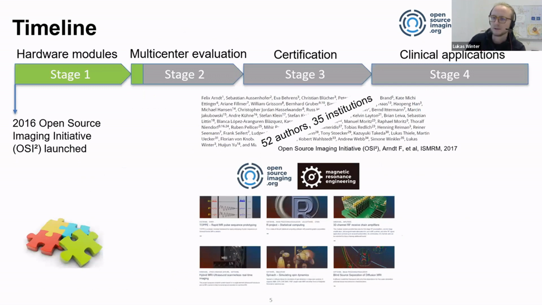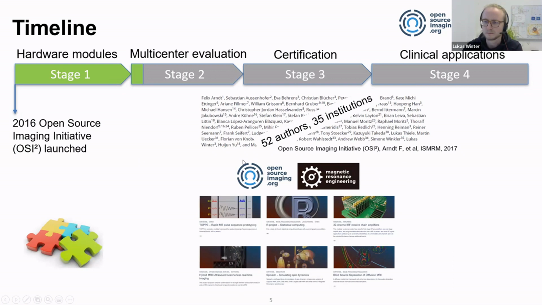All right, so how did we start it? Around 2016, we had this very naive idea of saying, okay, we need an open source machine. And this was also the day when the Open Source Imaging Initiative launched. In the beginning, there was just the idea, and we gathered a community around to start working towards it.